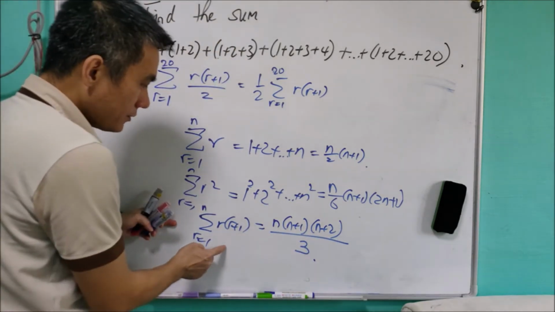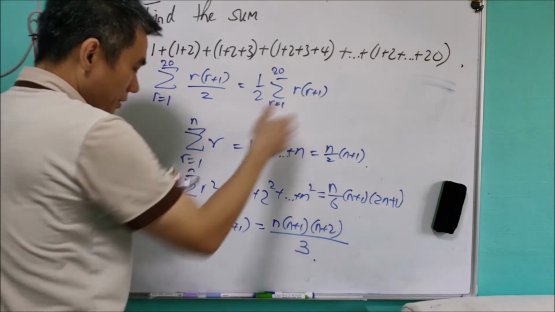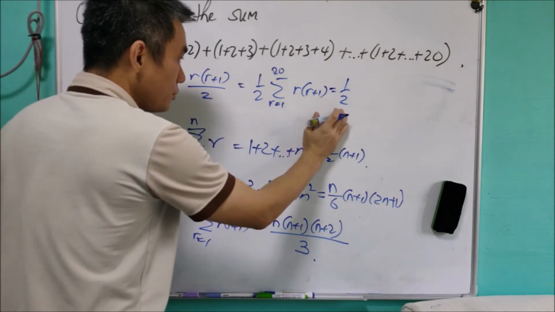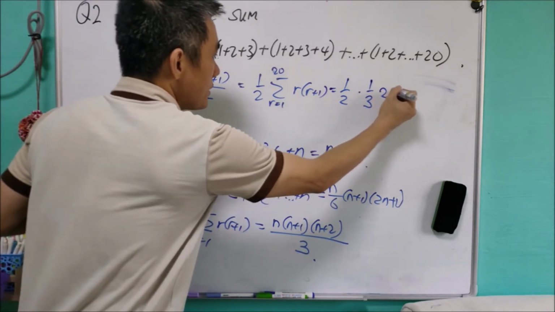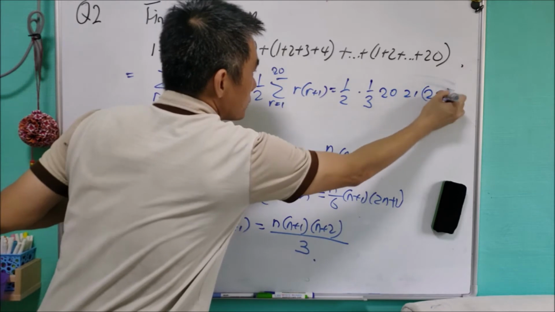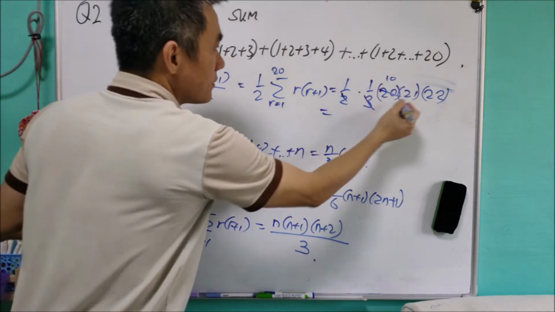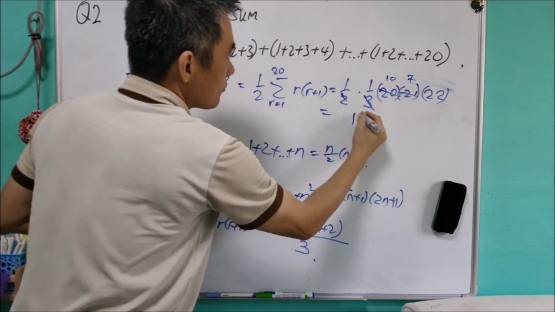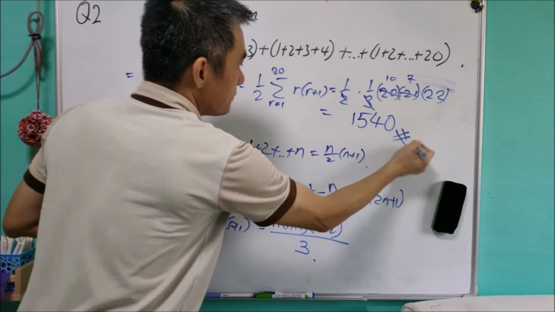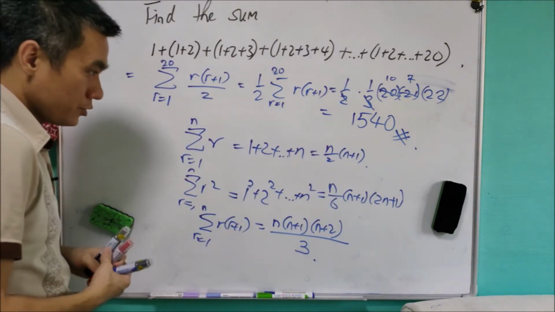I'll prove this later on. So we assume that this is true, and we'll get the answer from here, that is equal to 1 over 2, then 1 over 3, and is equal to 20, 21, 22. So this is 10, this is equal to 7, so this is 1540. So we conclude that 1540 is the answer for question 2.